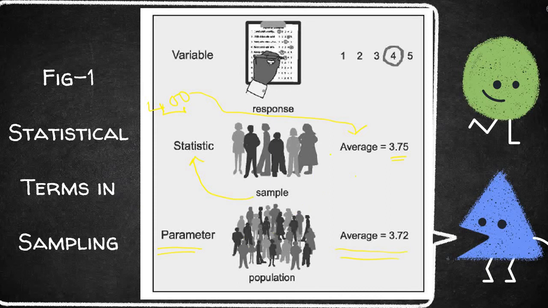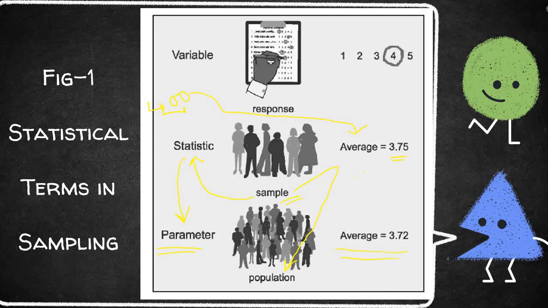So from this statistic, you tend to estimate the parameter. From sample average to population average. Sample average is nothing but your statistic. Your population average is nothing but your parameter. Make this distinction crystal clear.